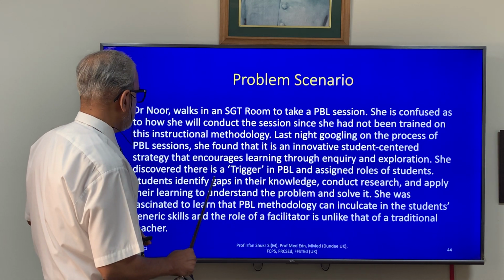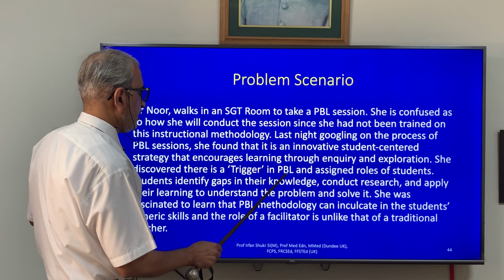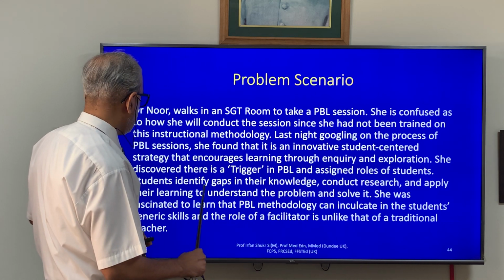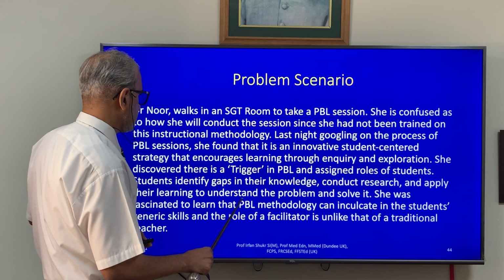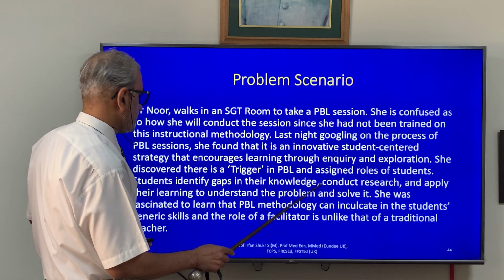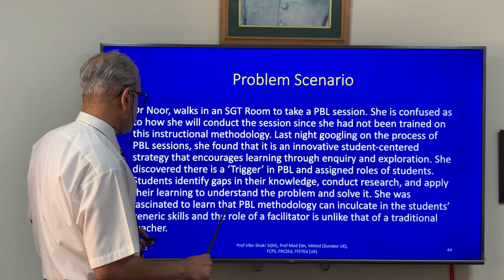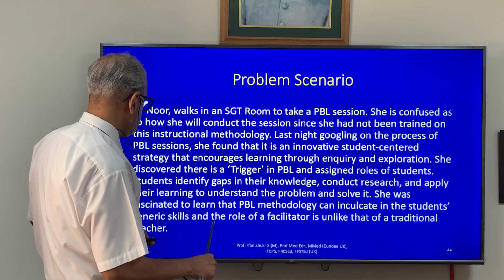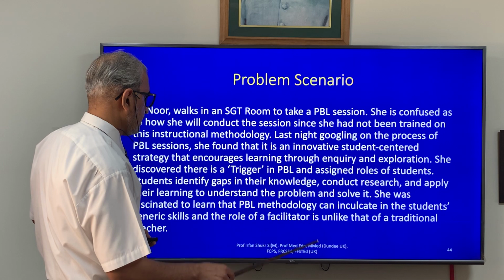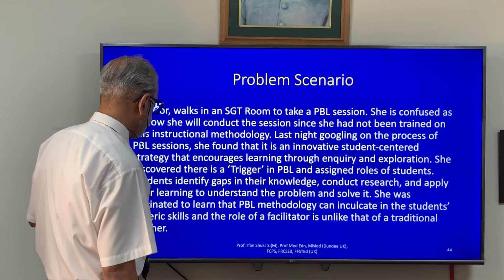She discovered there is a trigger in PBL and assigned roles of the students, identifying gaps in their knowledge, conducting research, and applying their learning to understand the problem and solve it. She was fascinated to learn that PBL methodology can inculcate generic skills in students. And the role of the facilitator is unlike that of the traditional teacher.